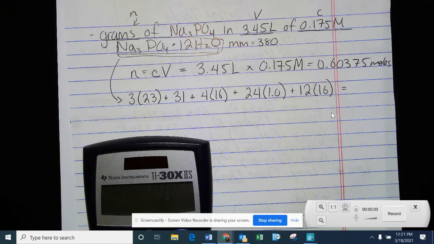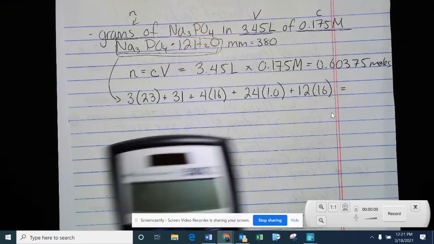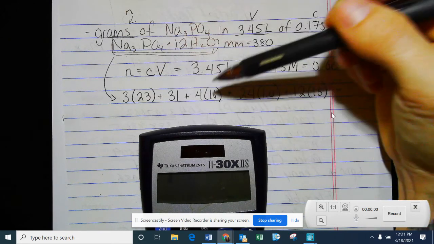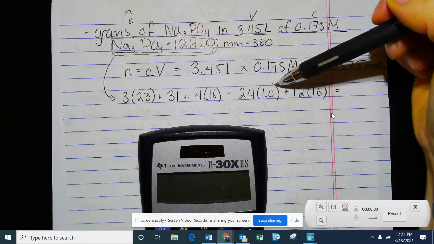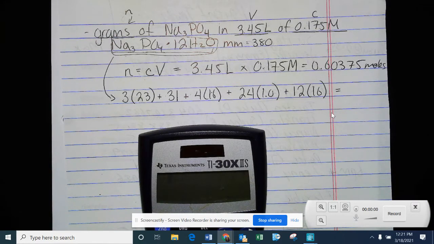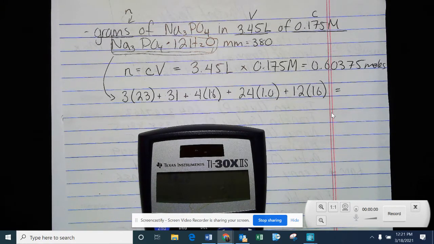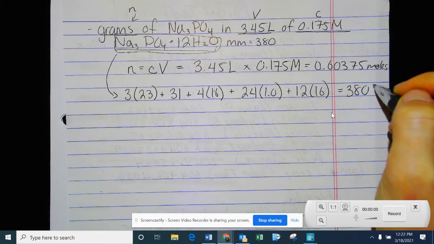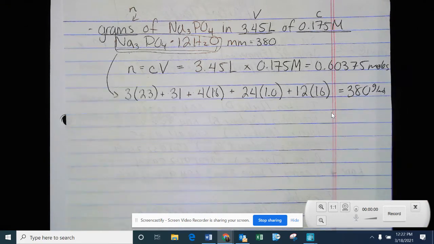I got 380 the first time, and then I just redid it and got 337. Okay, 3 sodiums, 1 phosphorus, 4 oxygens, 24 hydrogens, 12 oxygens. Okay, that's right. So let's do it again. 3 times 23, 380. Okay, let's just go with that because that's what I got the first time. Okay, so 380 grams per mole for that whole thing.